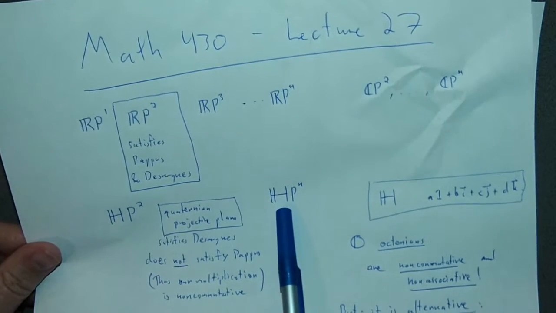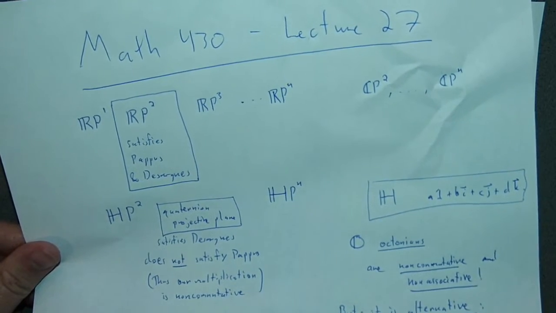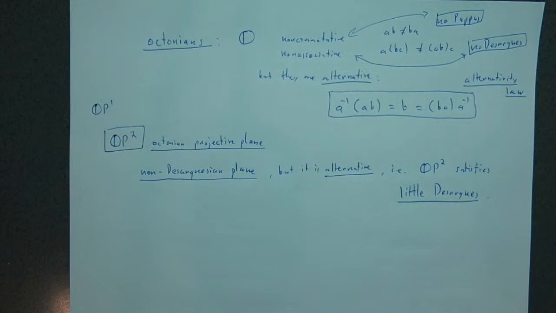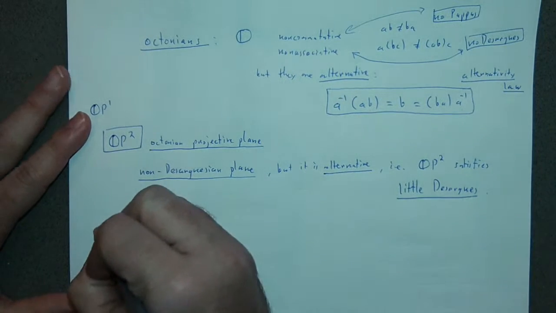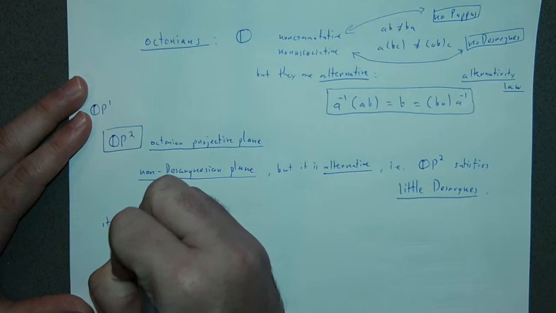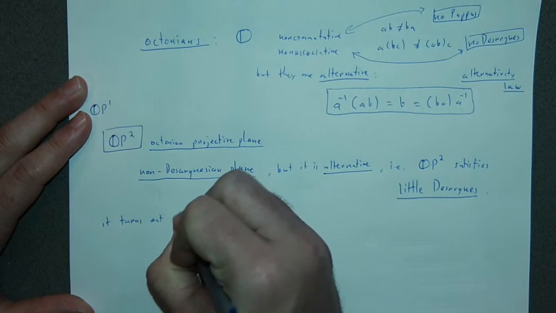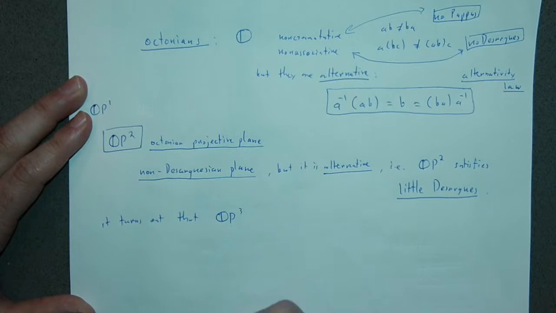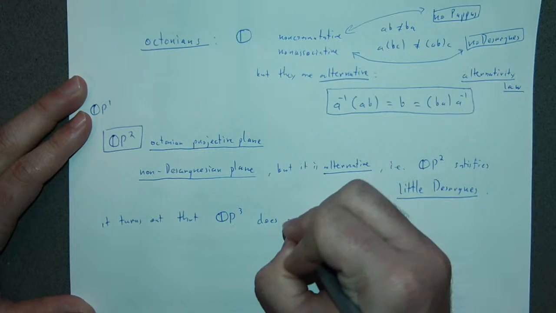And we could construct the Quaternion projective space, HPN. That was perfectly fine. Let's try to do the same thing for OP2. Well, it turns out that OP3 does not exist.